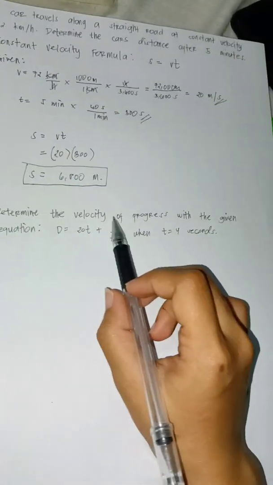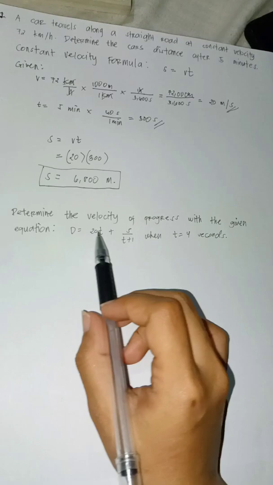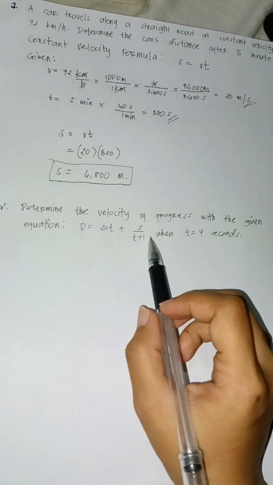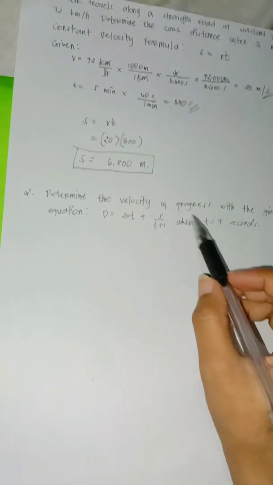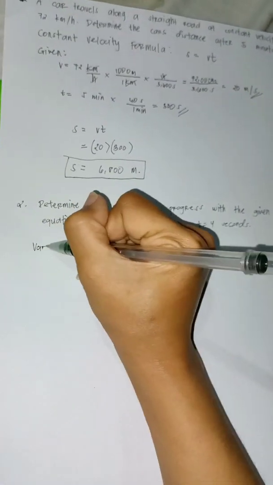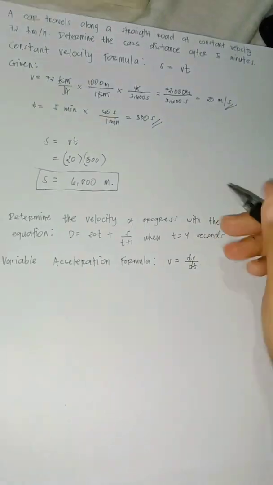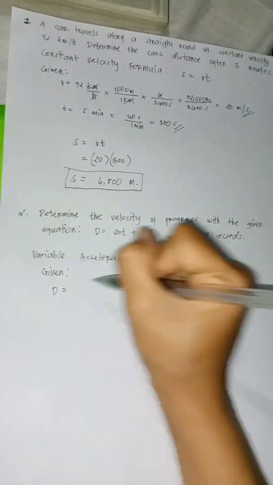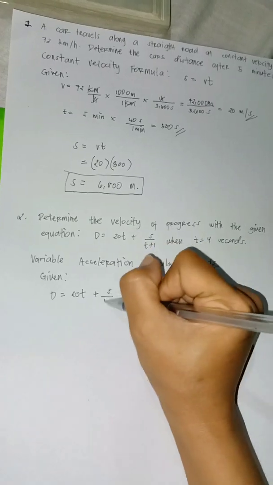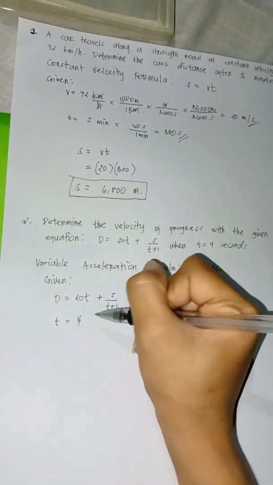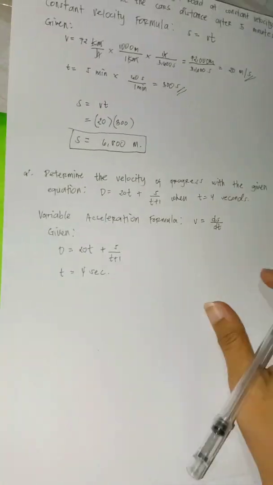Next problem, we have to determine the velocity of a particle with the given equation s is equal to (20t plus 5) over (t plus 1) when t is equal to 4 seconds. And so we're going to use the variable acceleration formula, which is v is equal to ds over dt. Given that s is equal to (20t plus 5) over (t plus 1) and t is equal to 4 seconds.